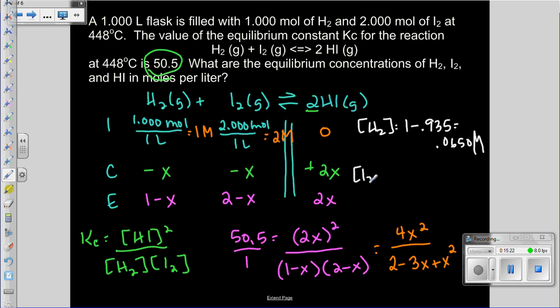My concentration of iodine is going to be 2 minus 0.935, which is going to give us 1.065. I want 3 sig figs, so 1.07 molar. And then my concentration of hydrogen iodide is 2x, so 2 times 0.935, and I get 1.87 molar. So these are our answers here.